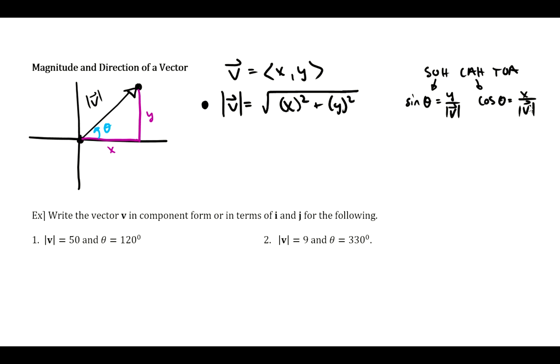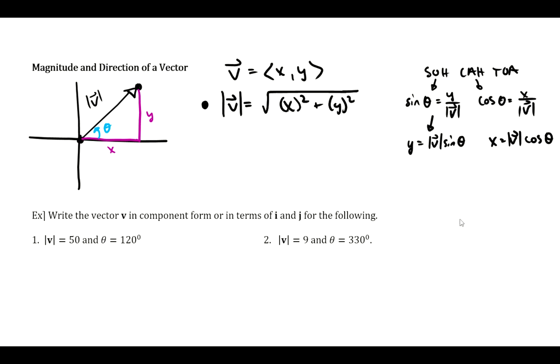Now on both of these, I'm going to solve them to get y and x. That just means multiply the magnitude of v over to get y by itself. Same deal with cosine: if I get x by itself, it would be the magnitude of v times cosine theta. So there's our x and y for this scenario.